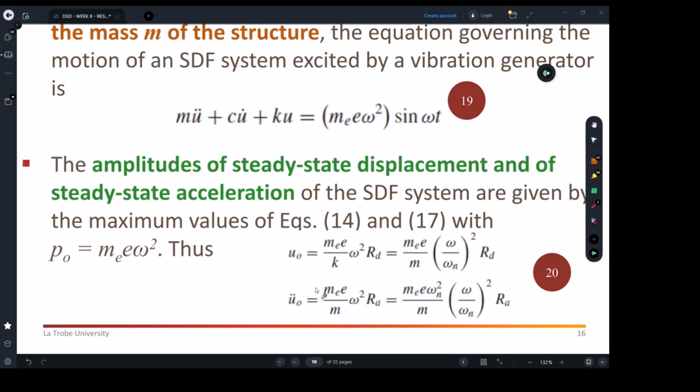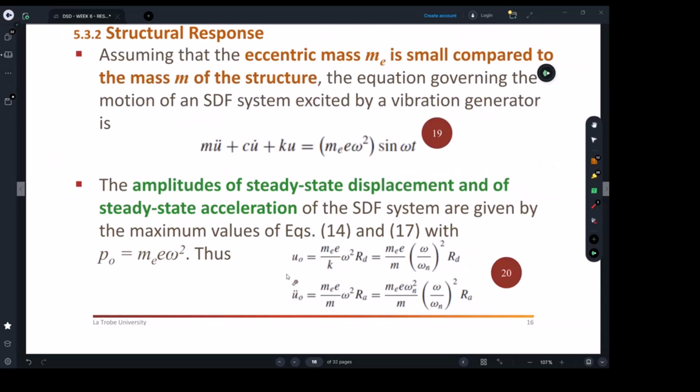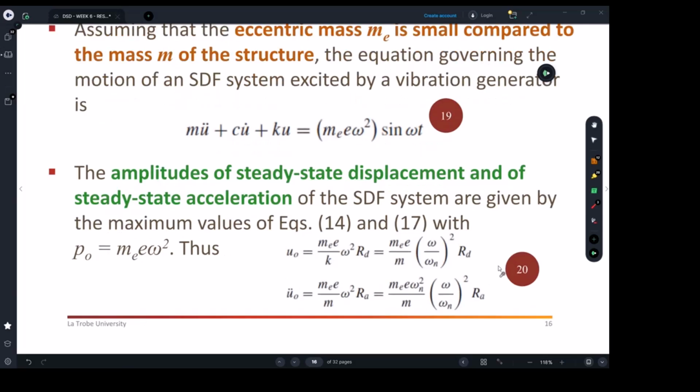So you just need to make sure you're using the right equations for the problems. If we have generators in the questions or problems, then equation 20 will be applicable, because it was derived from this equation of motion, which was already set up for the vibration generator.